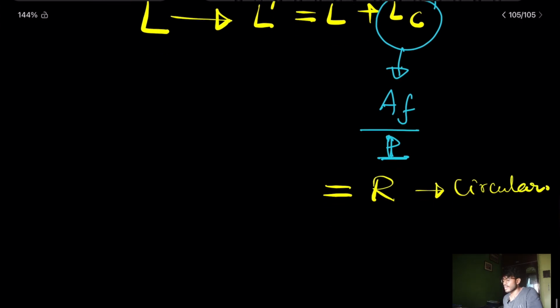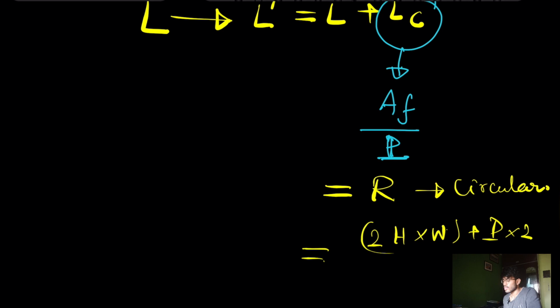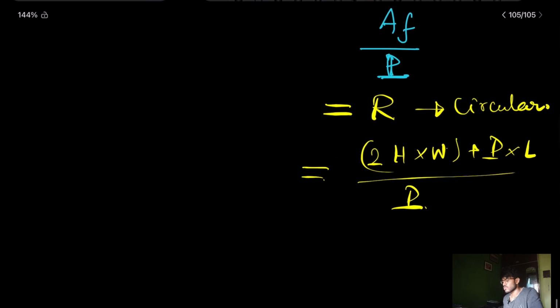For a rectangular fin, the area of the fin is 2 times h times w plus perimeter times length, by the perimeter. This perimeter will have 2(h plus w).